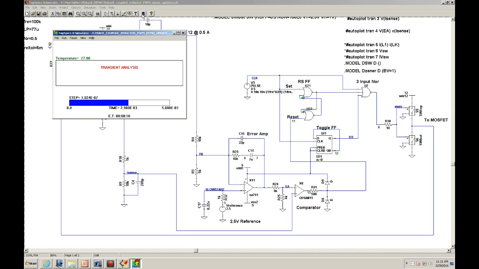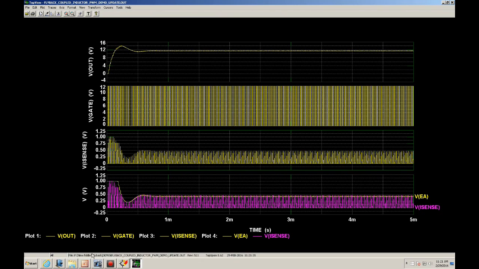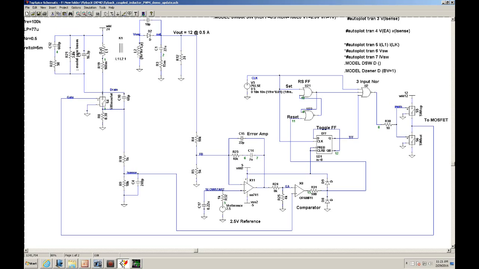Now, what I want to do is I want to compare or show what's happening at the comparator. Okay, so this is where you get an intuitive feel. So remember, this is your iSense. I'll go ahead and put it right here. So we're going to look at the error amp voltage.